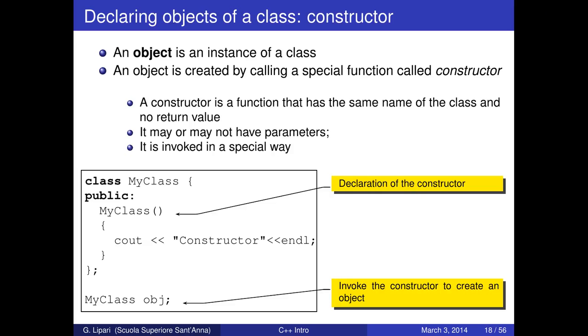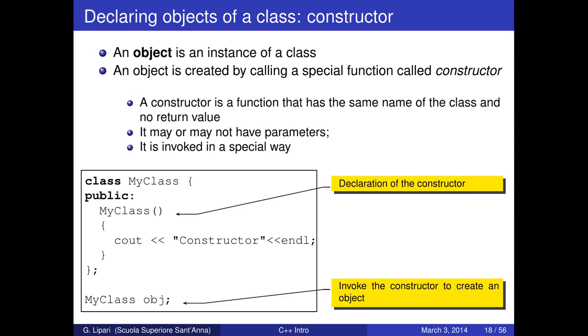An object is an instance of a class. So a class is basically a type. Okay, so it's not an object, it's a type. It's a sort of way of defining new data types. Okay? An object instead is an instance of a class.